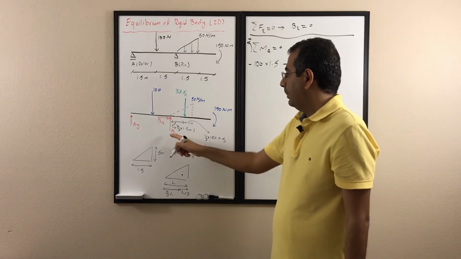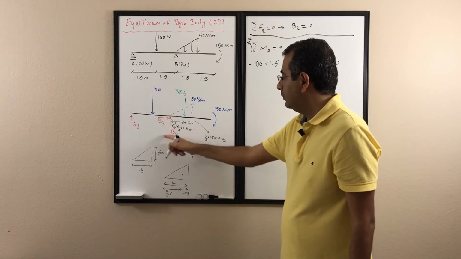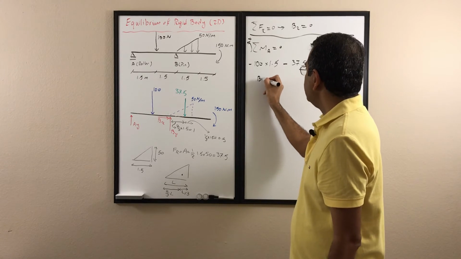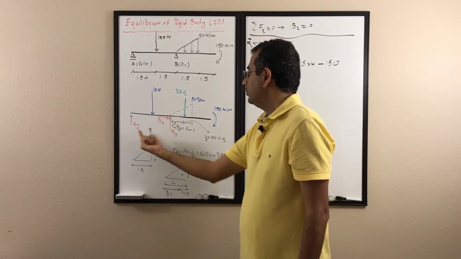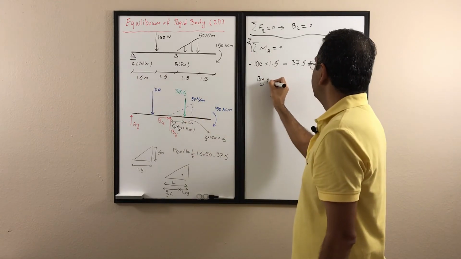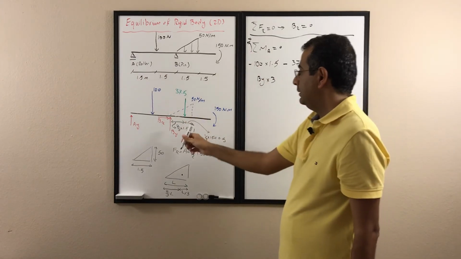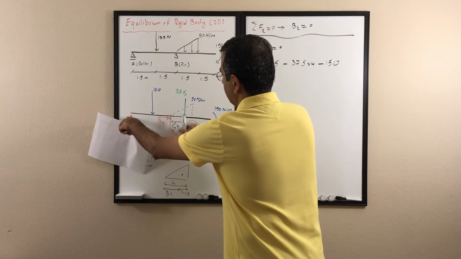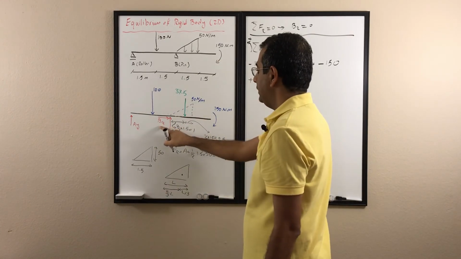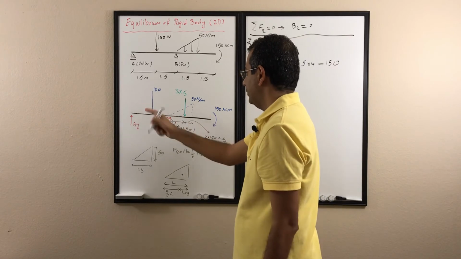And then I come here, and the only one left is the By. So I write the By, and the normal distance from By to point A is 3, so times 3. And with respect to point A, it's going to rotate counterclockwise, so it's going to be positive. The Bx also goes through point A, so it doesn't have a moment.